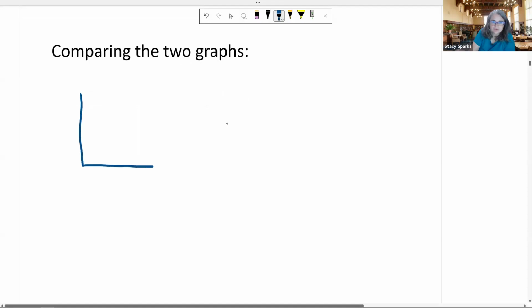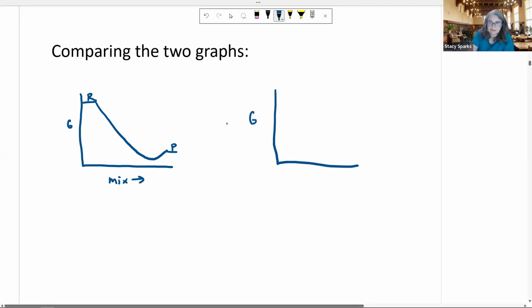So we have 2 different graphs. We have that one we just drew where we had the mixture going this way. We have Gibbs free energy. We have our reactants. We have our products. And we have some curve like this. The other one we're going to draw a whole lot is here, but now I'm going to call this the reaction coordinate.